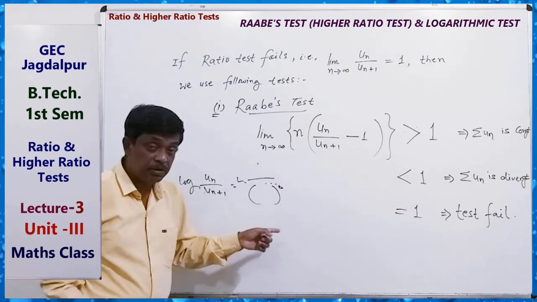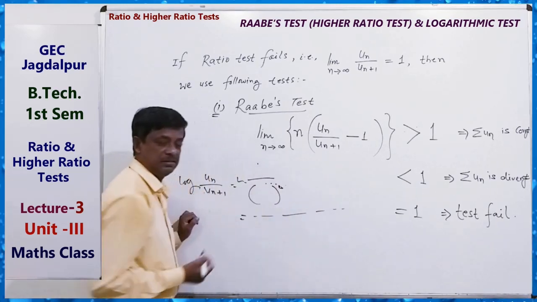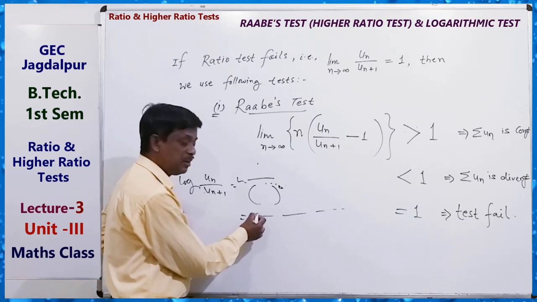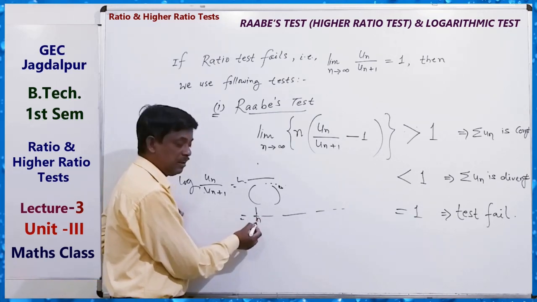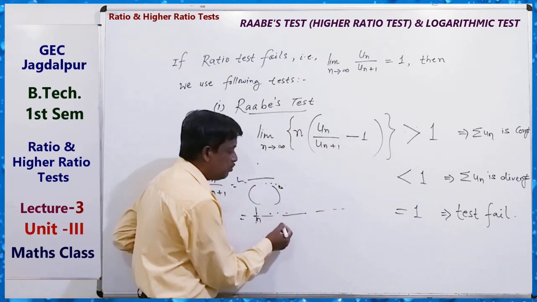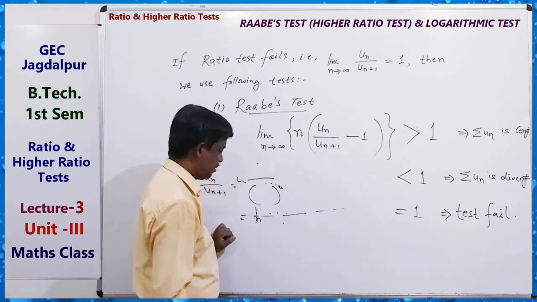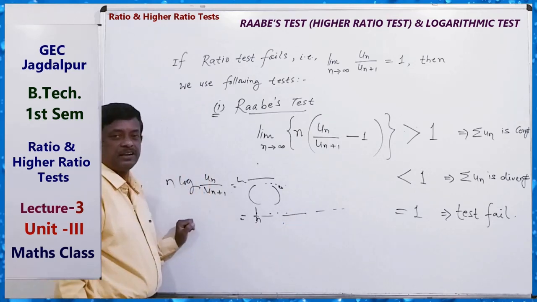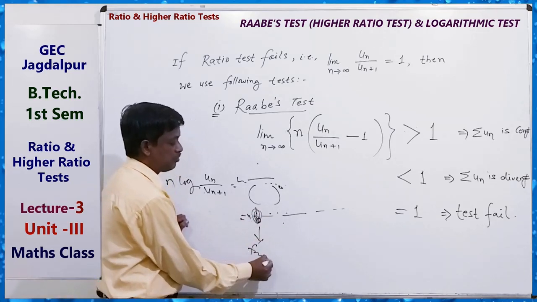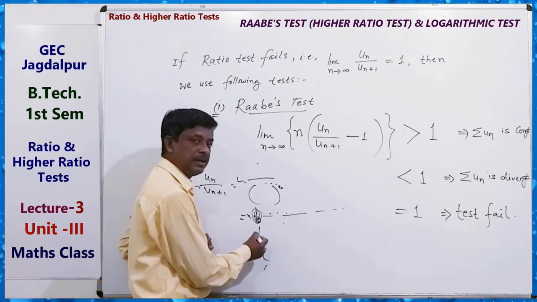If it can be expanded as a series where the first term has 1 upon n, and the second, third, fourth and further terms have n in the denominator, then we can multiply by n, and the first term will be free from n.